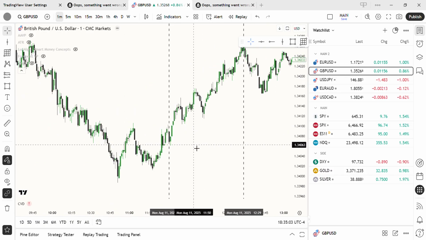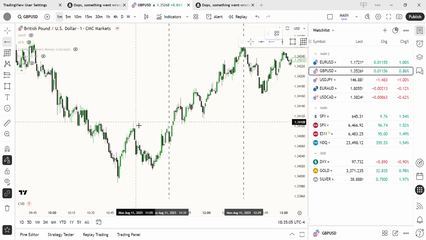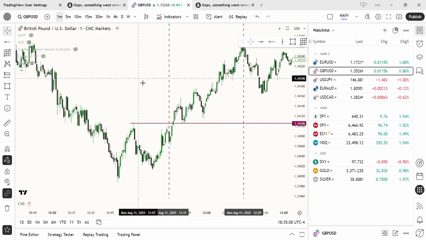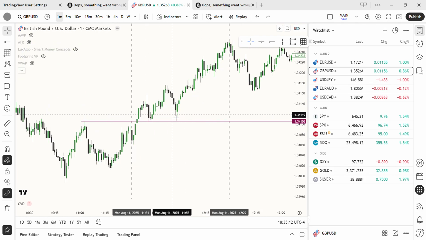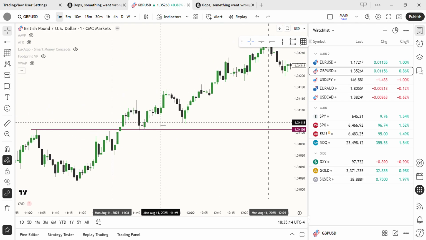Oh, this looks bad. Okay, what does price do? Creates a high, bounces off that high, kind of retests liquidity a little bit maybe. I sound kind of stuffy. I'm not even sick. Break structure.